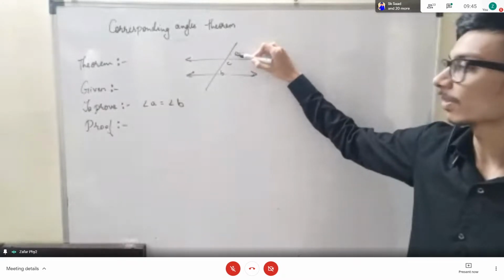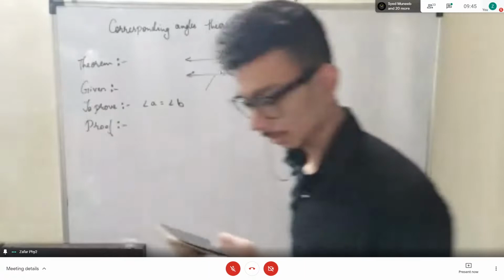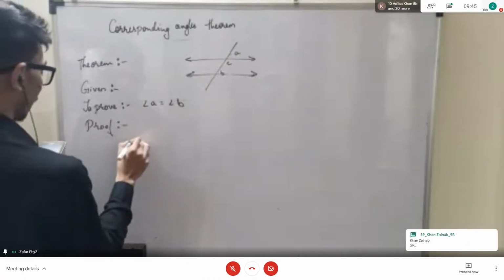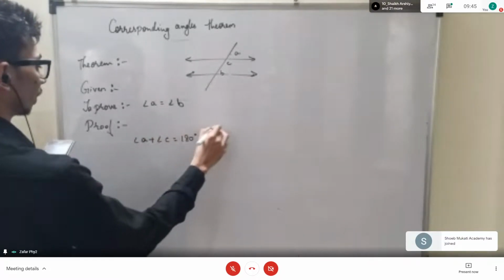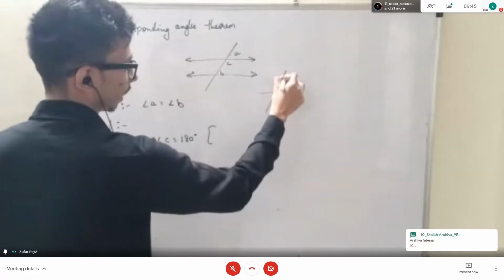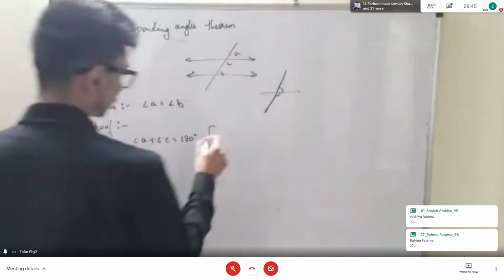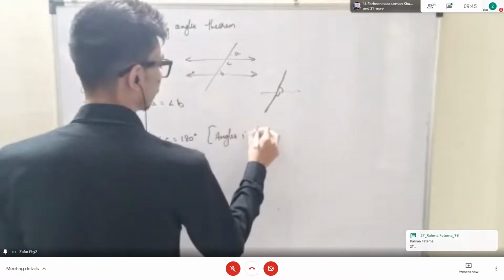So angle A plus angle C will also be 180 degree. Okay, so see how they have written. First they have written for C. Angle A plus angle C is equal to 180 degree. Look, A and C are on one line, the total angle is 180, angles in linear pair.